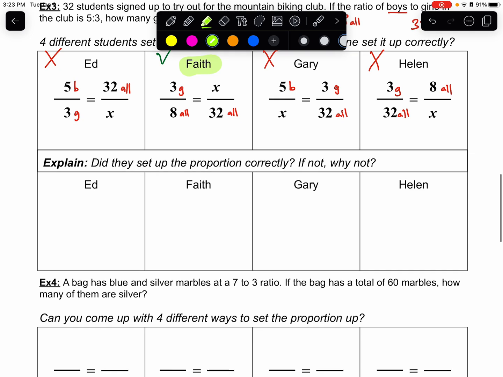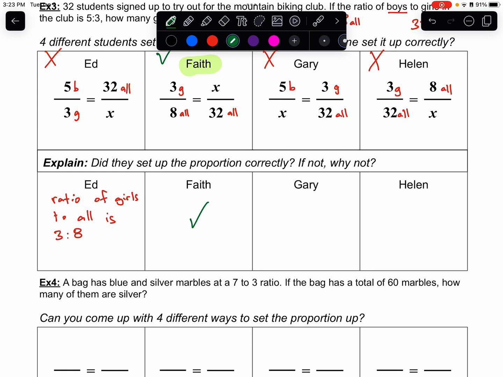Did they set up the proportion correctly? If not, why not? Lots of ways to explain this. Ratio of girls to all is 3 to 8. And they don't have the ratio number. Faith did it correctly, so Faith, check mark.